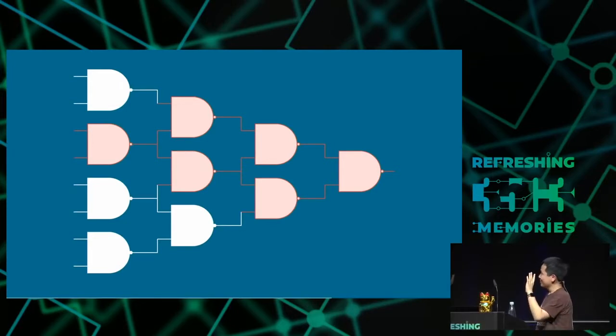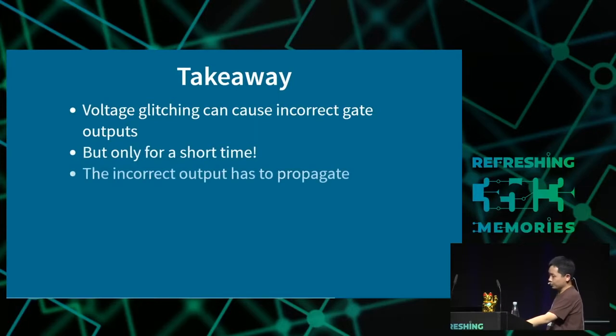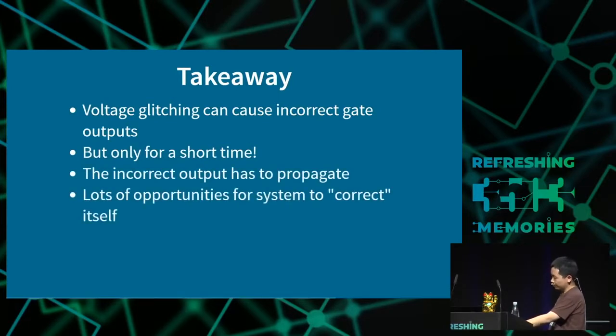But my point is that it's not easy to get the output that you want. The upshot though is that we can cause an incorrect output for a short amount of time. We have to wait for it to propagate, and like I explained before, because these logic gates aren't completely symmetric, it's easier to reach one state than the other.